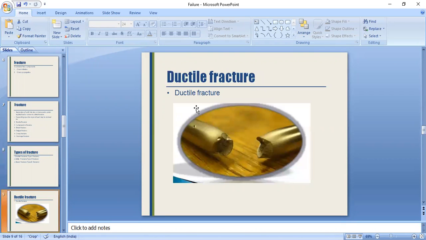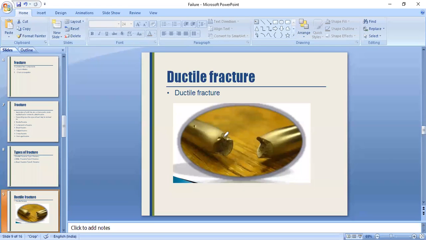Here you can see the ductile fracture. As I said, in ductile fracture, it is plastically deforming. It extends for some length, and then the fracture points occur.